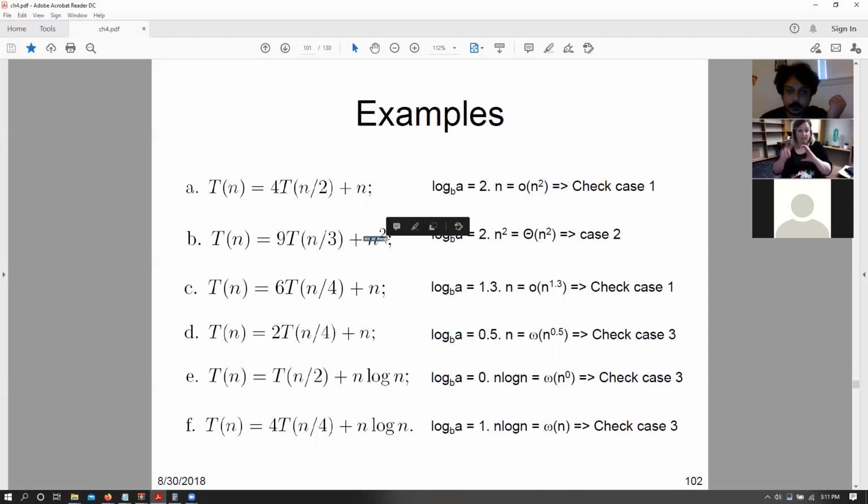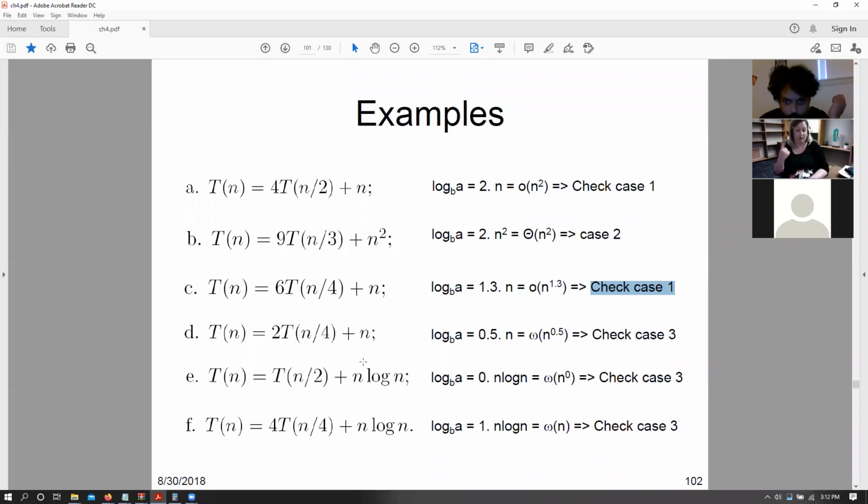Here we have n squared, where log base b of a is log base 3 of 9, so that is again 2. n squared is theta of n squared, so we apply case 2. When we have 6 and 4, we have log base b of a as 1.3, and we have our f of n as n. So n is little o of n raised to the power of 1.3. So we can apply case 1, right?